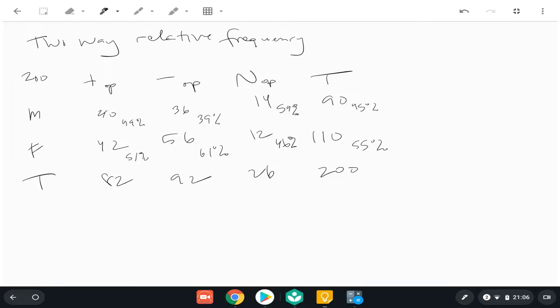What percent of males had a negative opinion of housing? 39%. What percentage of females had a negative? Oh, 61.